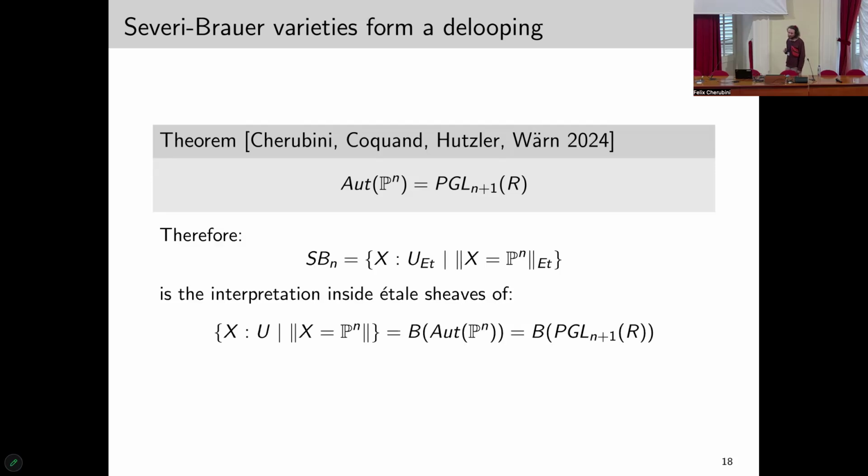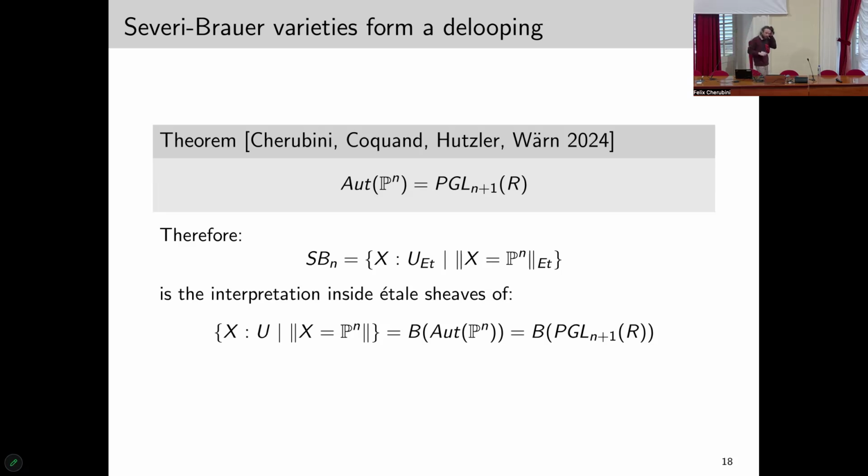But from this, we see that the type SBn, which was defined like this, is actually the interpretation inside étale sheaves of the type of X in U that are merely equal to Pn, just because I interpret U as the type of étale sheaves and I interpret the truncation as the étale sheafification of the truncation. But this type of X in U that are merely equal to Pn, through usual homotopy type theory reasoning, we see that it's the delooping of the automorphisms of Pn, and therefore the delooping of PGL n+1 of R.